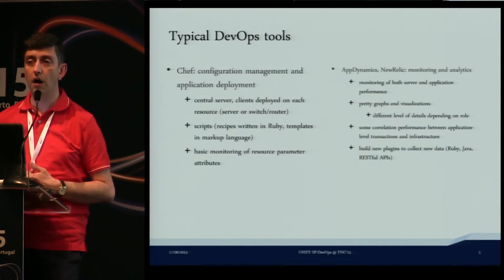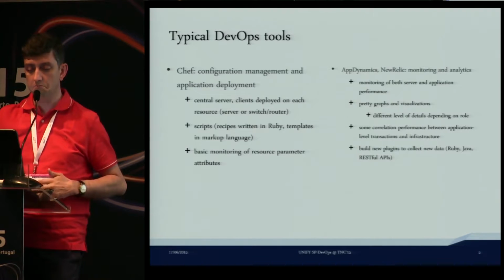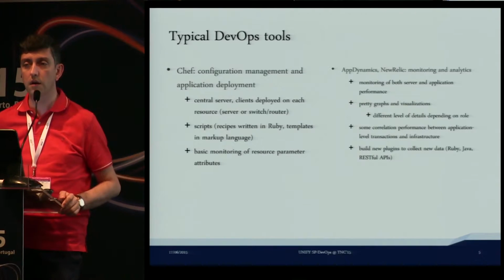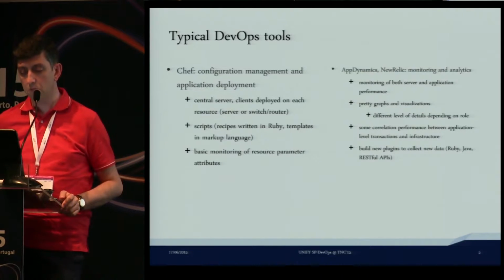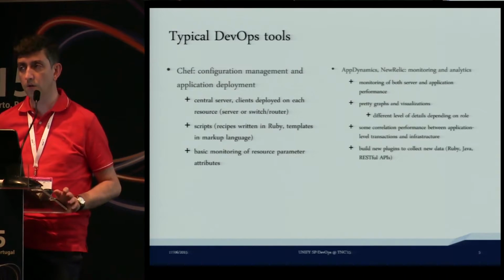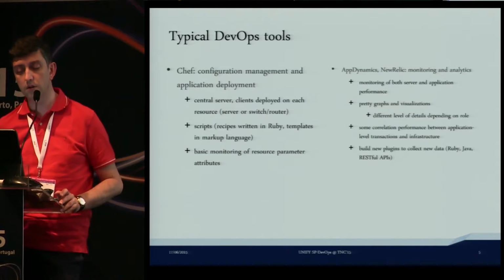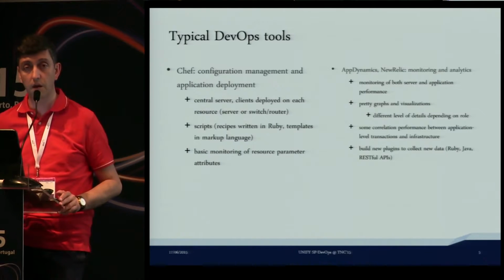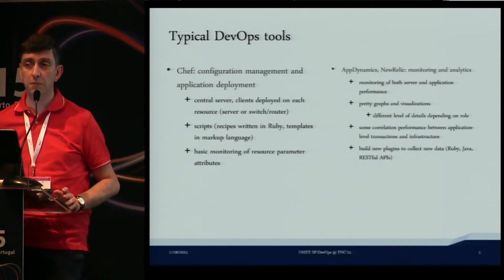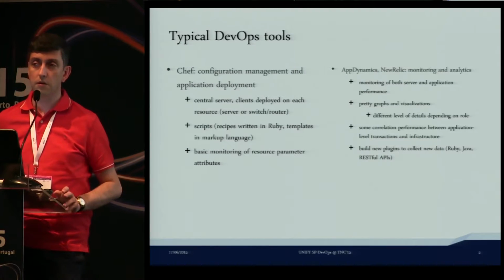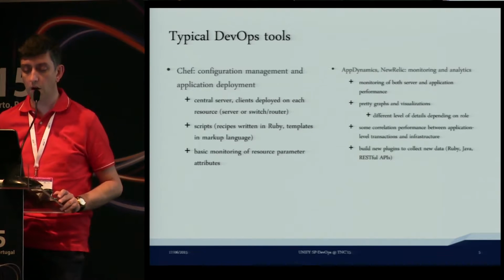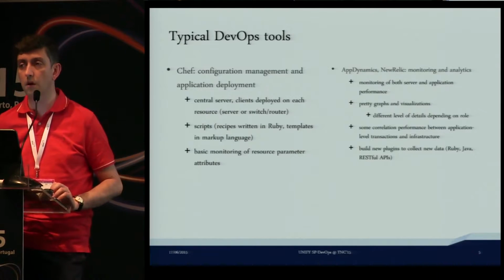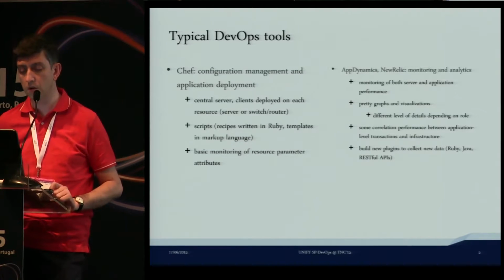Going to how operations are done today in networks. When we look at configuration management and application deployment, a lot of the tasks are actually done using tools such as Chef. This is really nice. People like it because it runs on a central server. Clients are deployed on each resource that is to be managed, either a switch or a router.